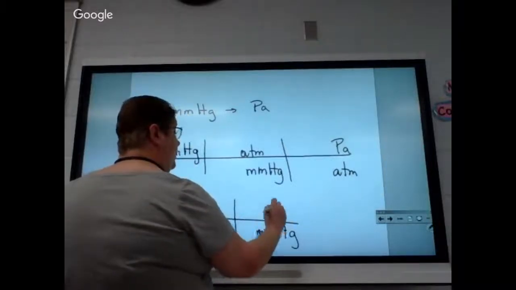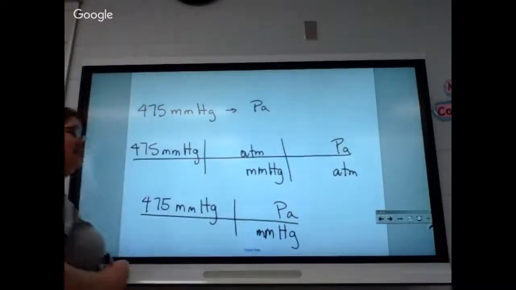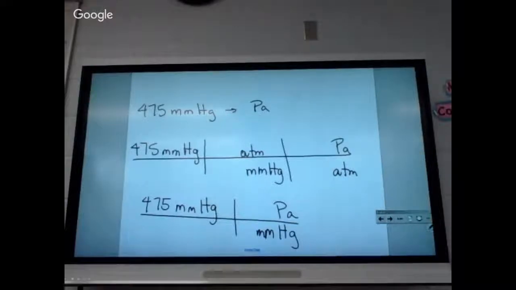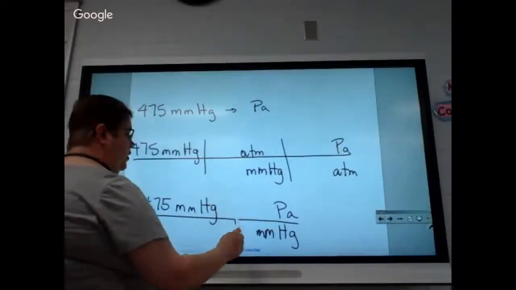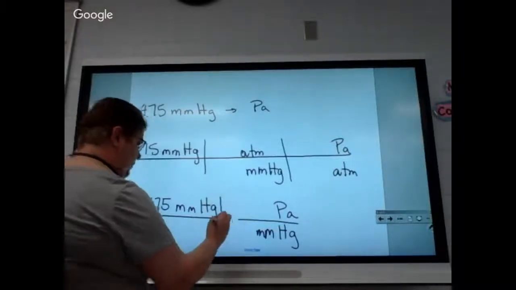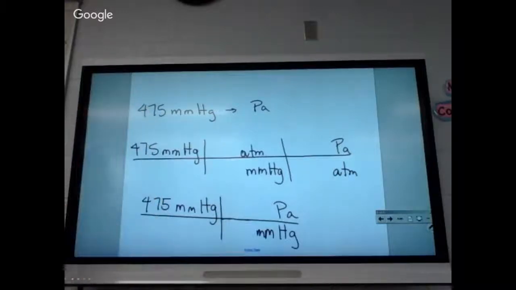So, if you want to, you can skip that step and go directly from mmHg to Pa. You can choose the chart that you would like to do. You can do this chart or you can do this chart. I will tell you, I am not going to choose this chart ever.